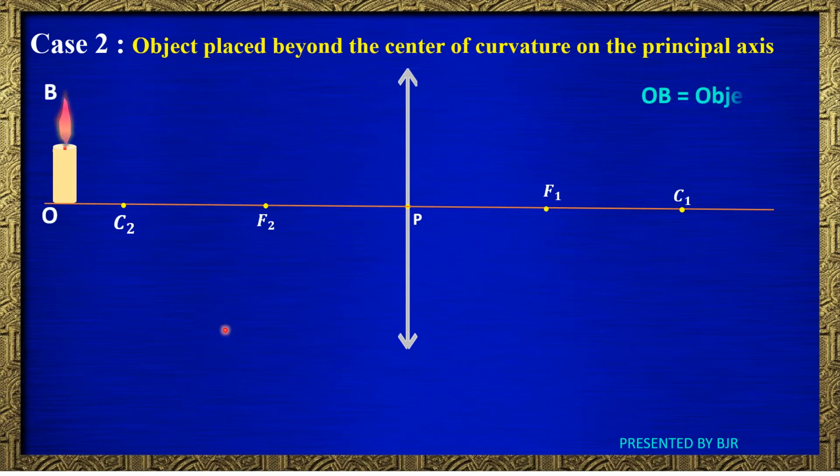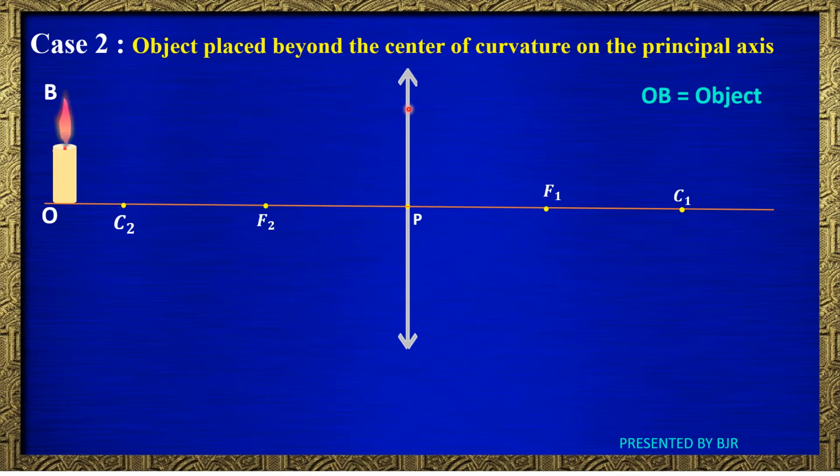So what is OB here? OB is the object. So where will its image be formed? To know the position of the image formed in this case, we have to take only two rays. From any point on the object, you can draw those two rays. Whatever the two rays I have explained just now, I am drawing from the point B. See here, ray 1, a ray traveling parallel to the principal axis.